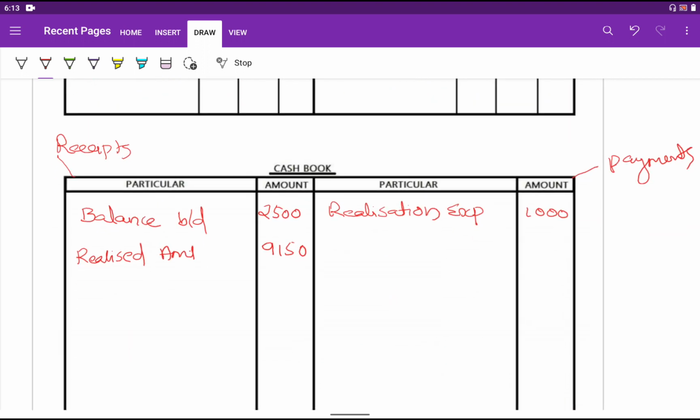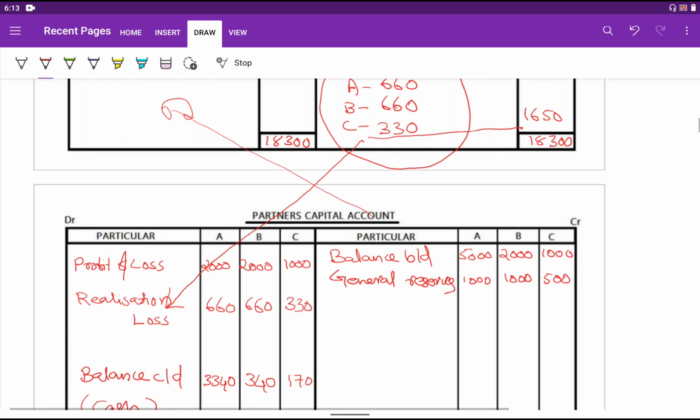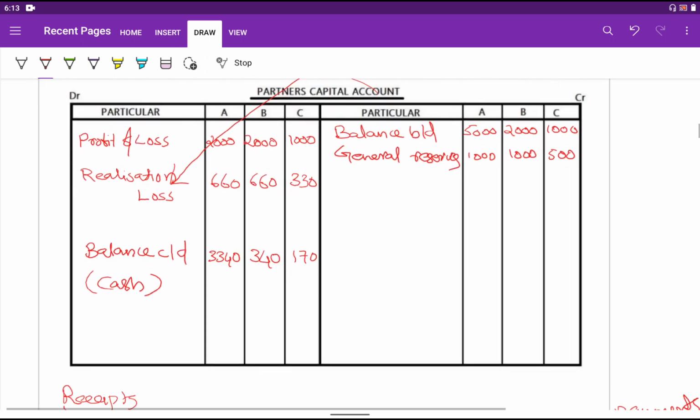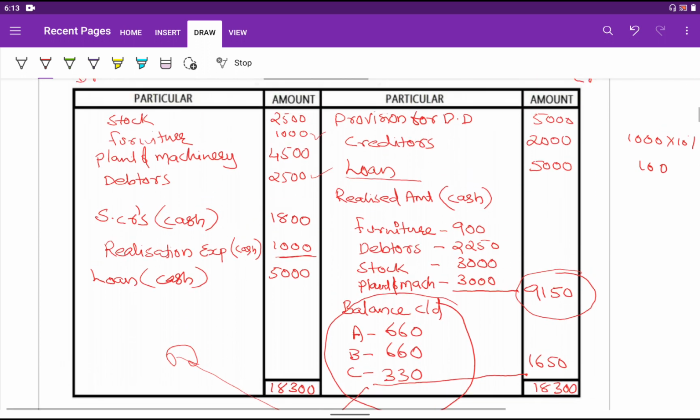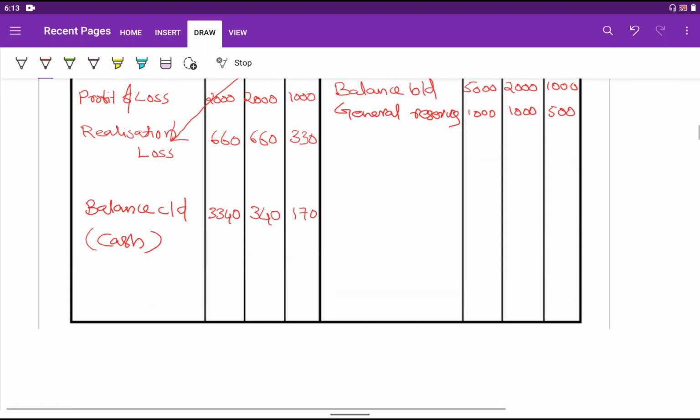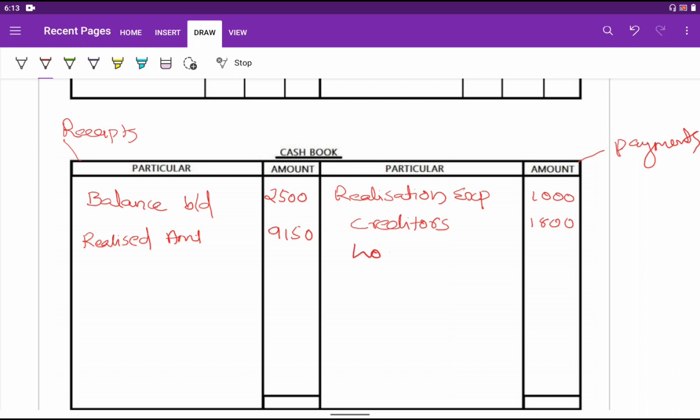And we settled creditors and loan. For creditors we paid 1,800. You can see from here in realization, creditors were settled 1,800, and also the loan settled 5,000. So the loan also we will write here on the credit side of the cash book, that is 5,000.